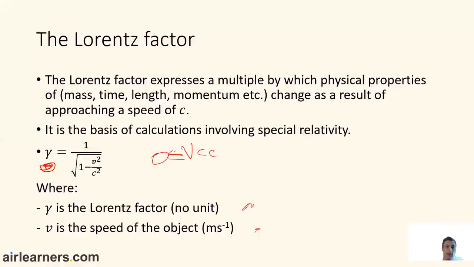In terms of values for gamma, because it's going to be 1 on the square root of 1 minus something, and that something can be between 0 and 1, at most it can be really, really close to 1, which would infer that gamma is close to infinity. So gamma can go up to positive infinity, but it also can't get less than 1.